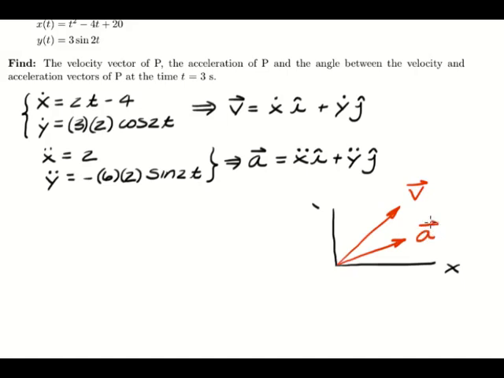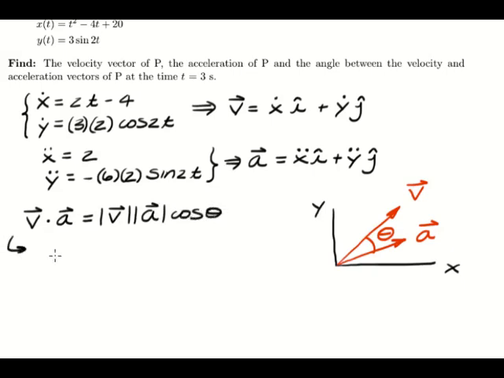So the question that's being asked then is, what is this angle theta that exists between v and a? Well, the easiest way, I think, to find the angle is to take the dot product. Because if we take the dot product of v and a, by definition, it's the magnitude of v times the magnitude of a times cosine of the angle that exists between those two.